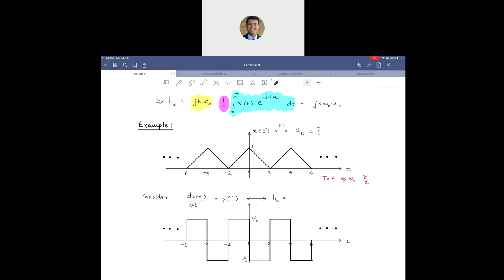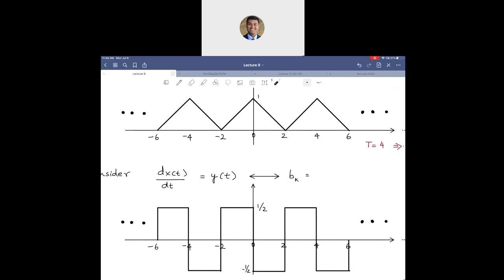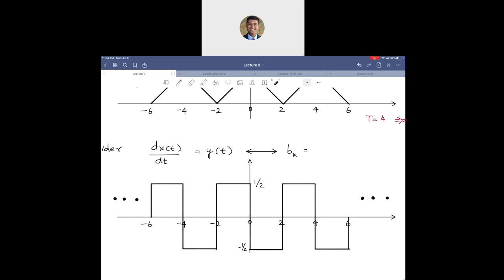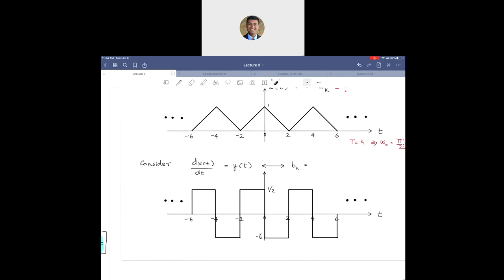And once I find those, I can use the time derivative property to go back and find a sub k. So let's do that. The derivative of x of t is going to be that. Do I agree with this? Let us see. From negative 2 to 0, slope going up. What is the slope? Plus half. Going down with a slope of negative half, and so on. It's periodic.